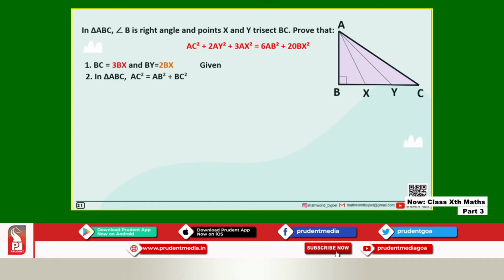The Pythagoras theorem would be AC square is equal to AB square plus BC square. Now in the statement we have BC, and in step 1 there's also BC, so all we are going to do is replace it. So we say AC square is equal to AB square plus 9BX square.